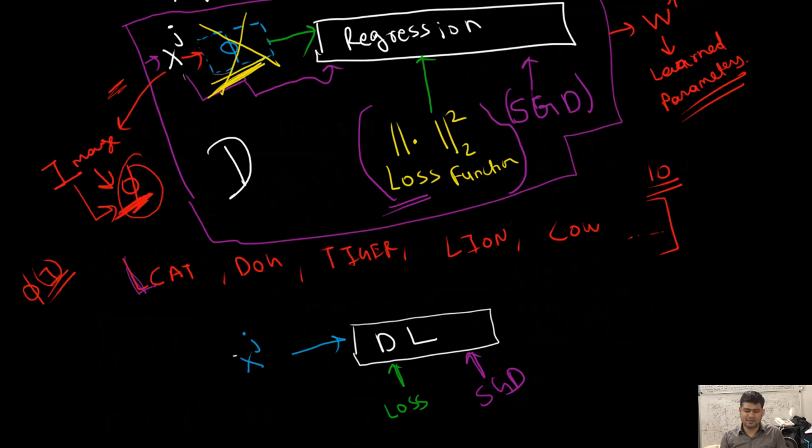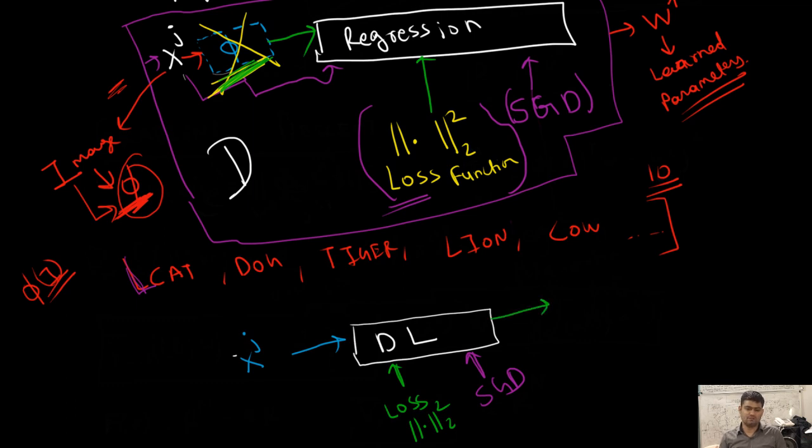So here again you can select your L2 loss function. And again, you can see the only component that was removed when you went from linear regression to a deep learning model for regression is that you didn't have to construct this phi. The deep learning system does it automatically for you. So the deep learning system will give you optimal parameters.